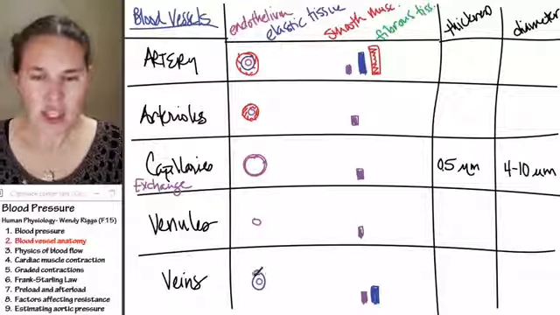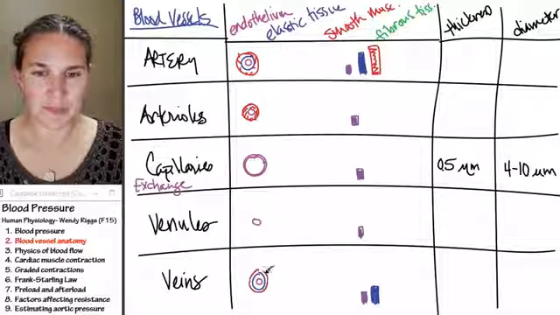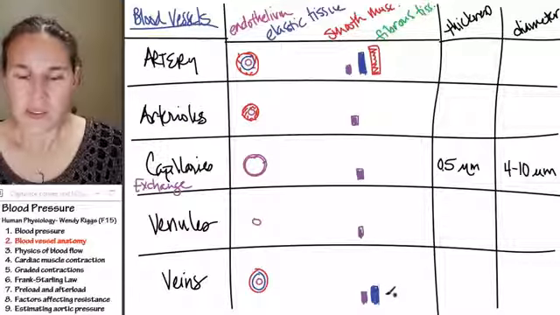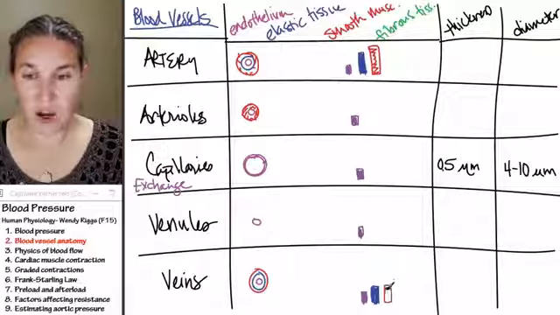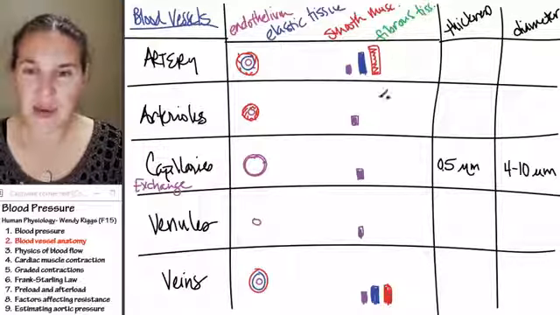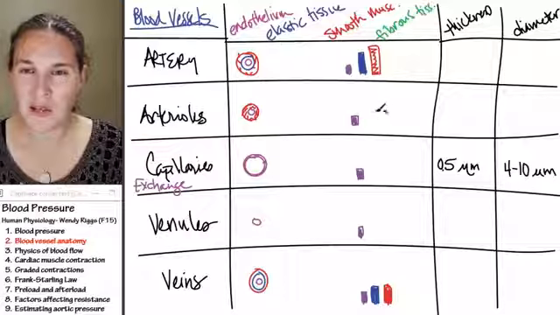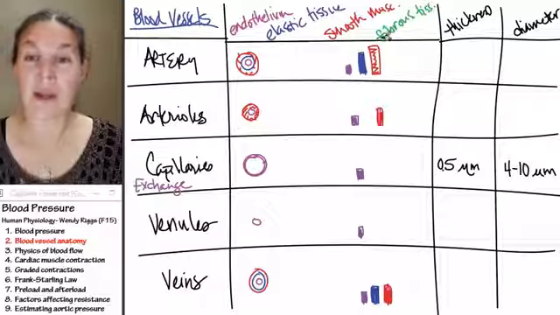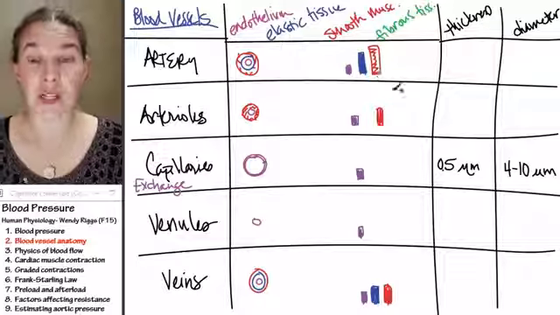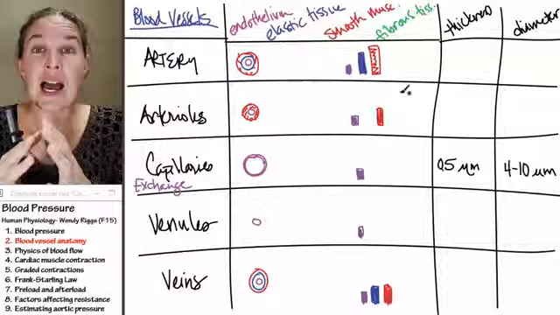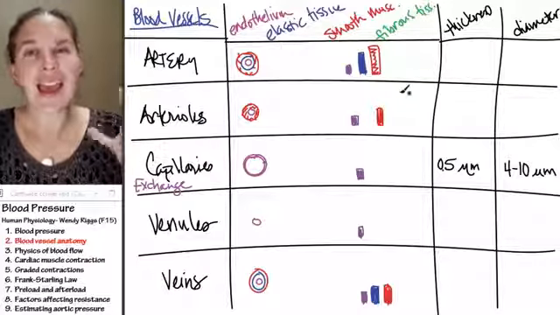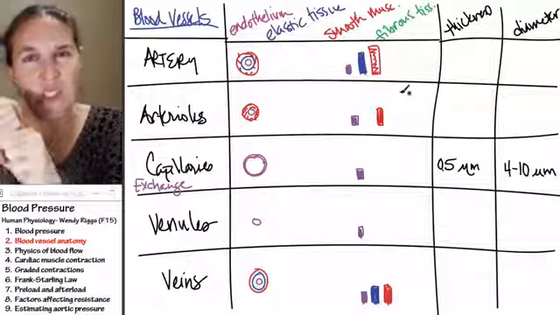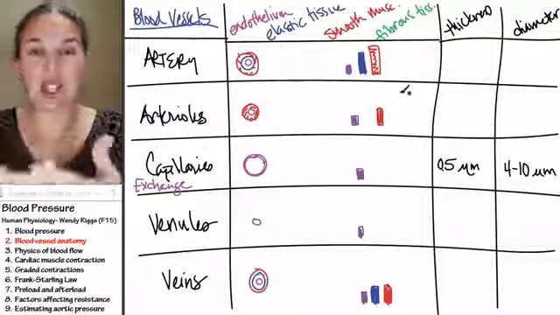Our veins do have some smooth muscle. Now, the amount of smooth muscle in my veins, which are bigger vessels, is about the same as the amount of smooth muscle in the arterioles. And it's nothing compared to the amount of smooth muscle in the arteries. The arteries allow bigger stretch because of the elastic tissue, and they allow constriction, vasoconstriction, which, again, pushes the blood onward.